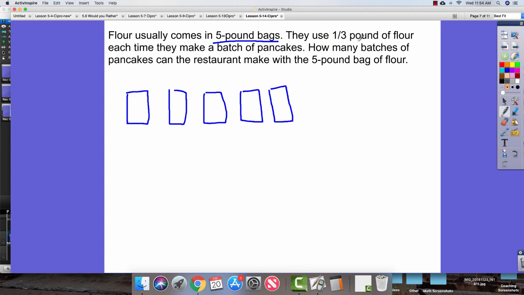And they use 1/3 pound each time they make a batch of pancakes. So I'm going to take each of these and split it into 3 equal parts. So I'm doing 5 divided by 1/3. I'm going to split that into thirds, split that into thirds, split that one into thirds.